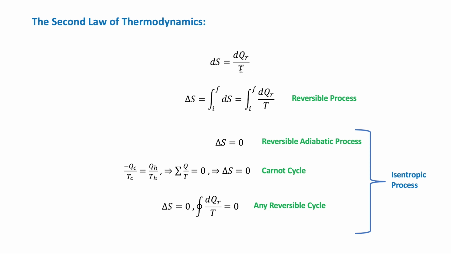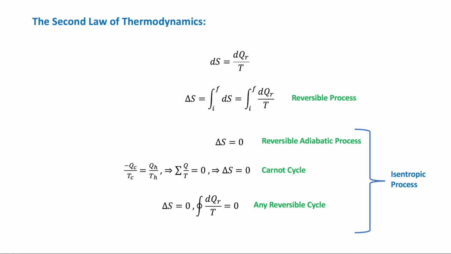Okay? So as we said, the entropy is a state function. It means it's a function only of the initial and final state of the system, the same way internal energy is. And the change in entropy here is the same for all possible paths between the same initial and the same final states.